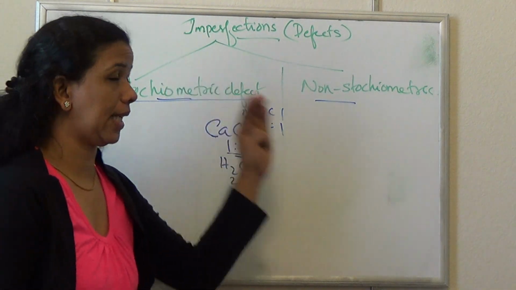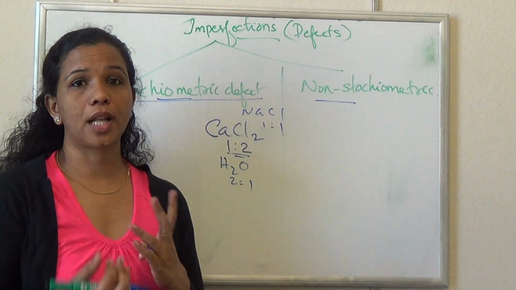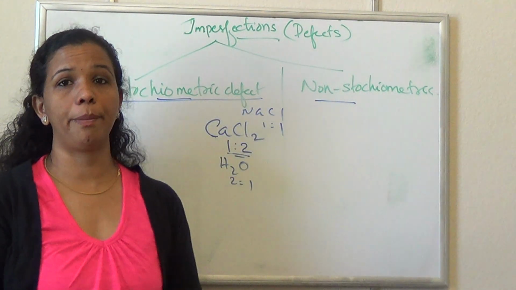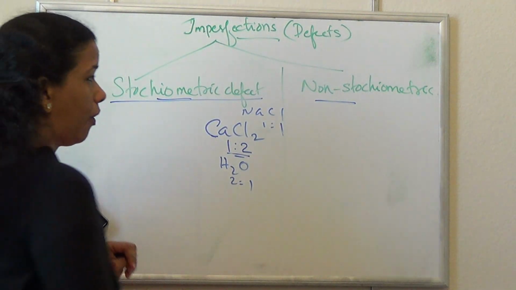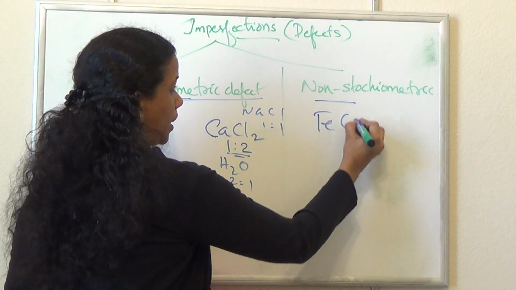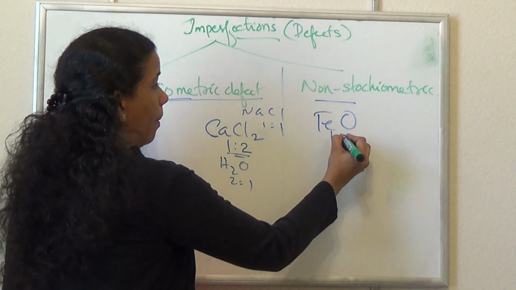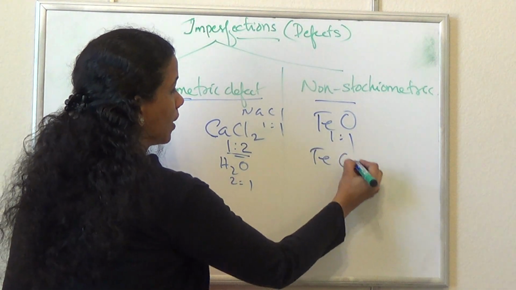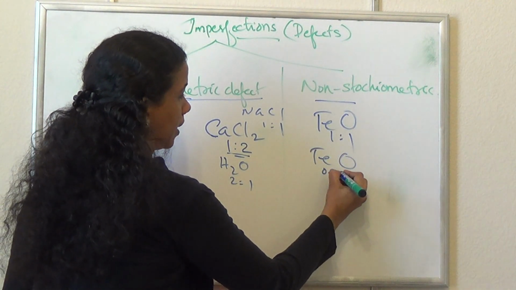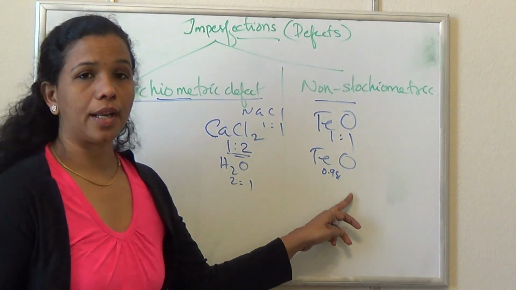Then if there is a change in the formula, that is, after the defect occurs, the ratio may change, and some of the ions decrease more than others. For example, iron oxide. In the normal compound, they are in the ratio 1:1. Then some iron oxides are represented like this: Fe0.98O.